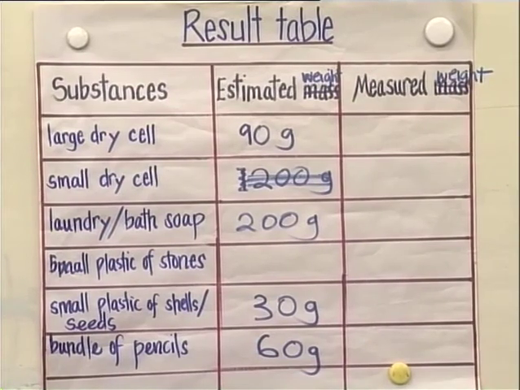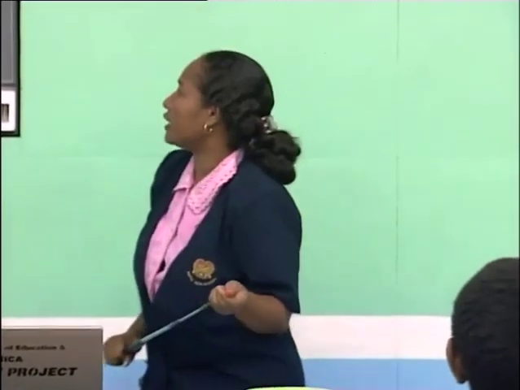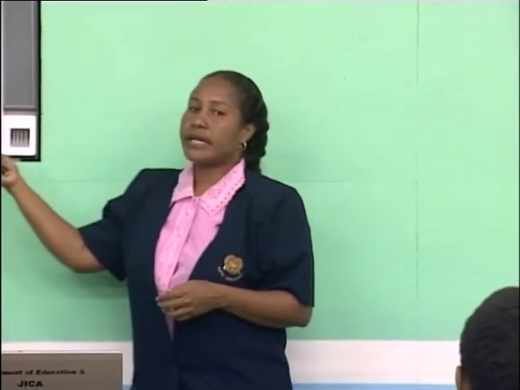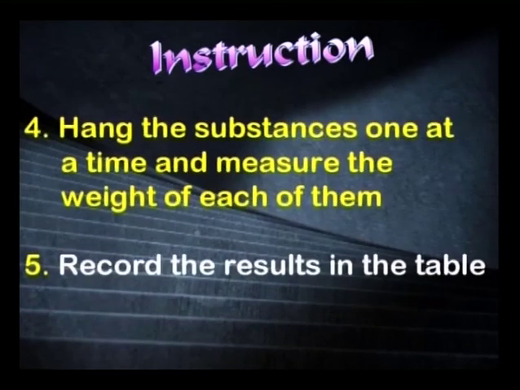Next instruction now, class, let's read instruction number 3 together on the screen. Right, next one. Take the substances one at a time and measure the weight of each of them. Last one. Record the results in the table.